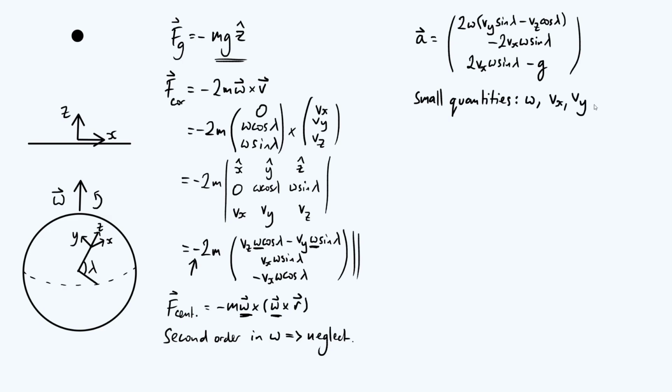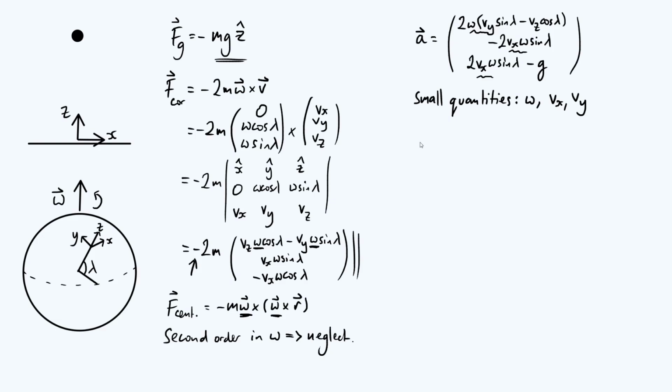And so if we are working to first order in these small quantities, we should neglect this entire y component of the acceleration, because we've got Vx times omega, and that's a second order small quantity. We should neglect this Vx omega term in the z component of the acceleration, and we should also neglect the omega Vy term in the x component, right?